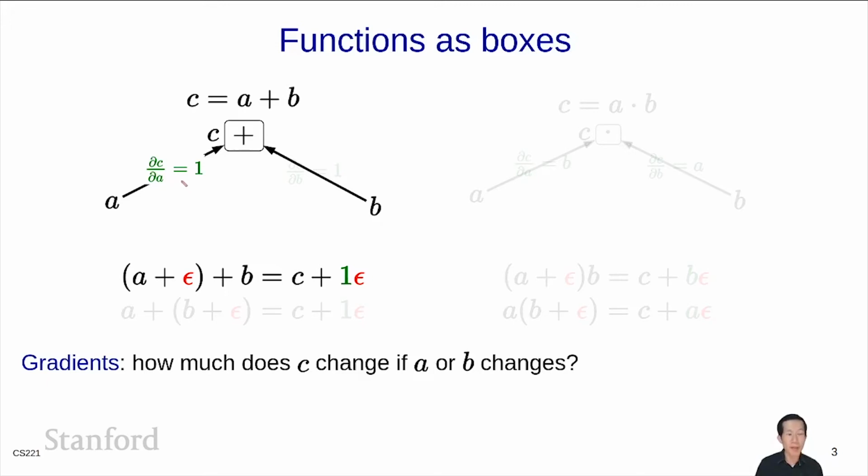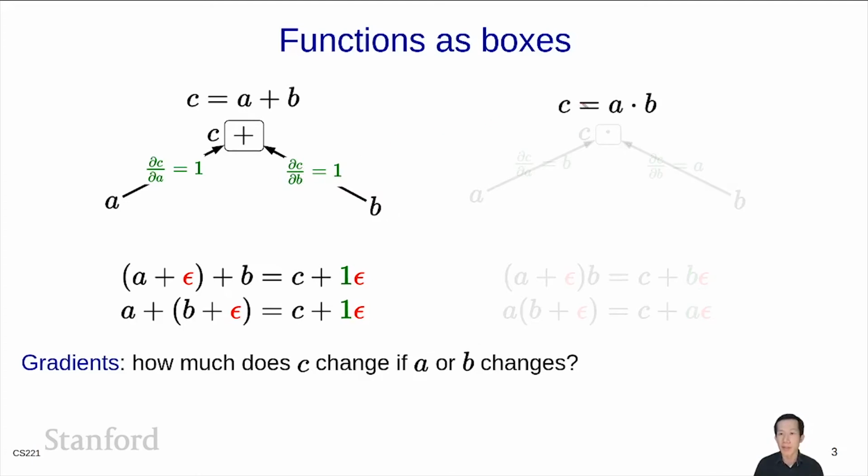This can be interpreted as a kind of amplification or gain: if I move a by a little bit, this is the multiplicative factor that c needs to be moved by. Let's do the other side. With a plus b, you add a bit of noise to b, and again you get plus 1 epsilon. So the gradient of c with respect to b is 1 as well.